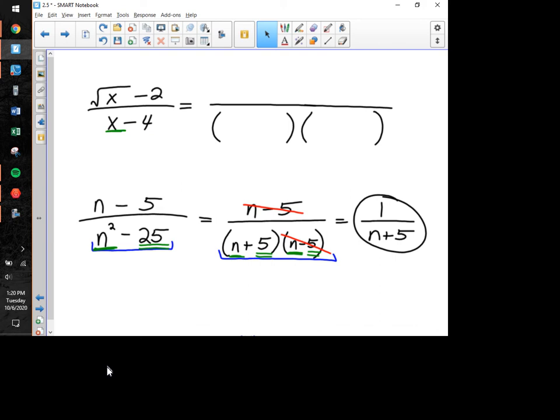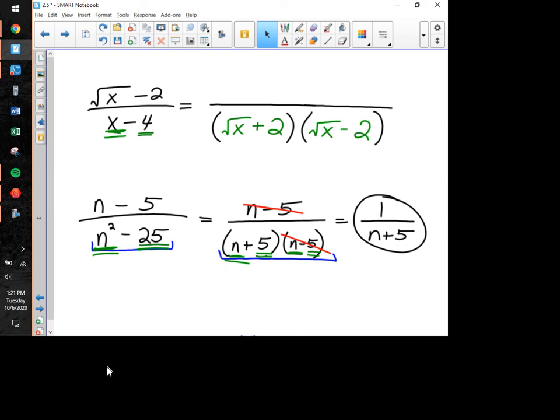Take this term, which is x, and take the square root of it. The square root of n squared was just n, but the square root of x can't be simplified. It's just the square root of x. Now, you got 5 by taking the square root of 25. So take the square root of 4 here, and you're going to get a 2 here and a 2 here. And anytime you factor a difference of squares, one term is positive and one term is negative.